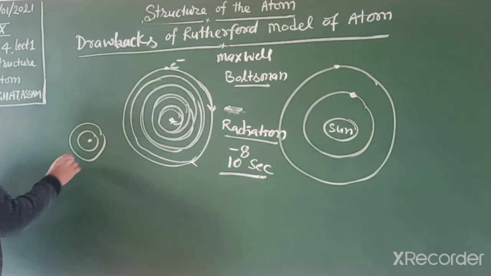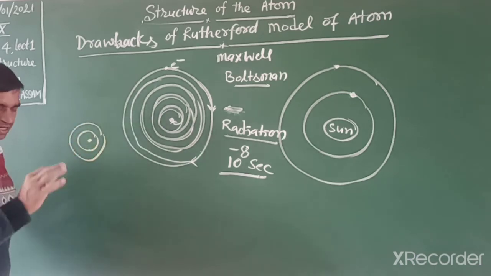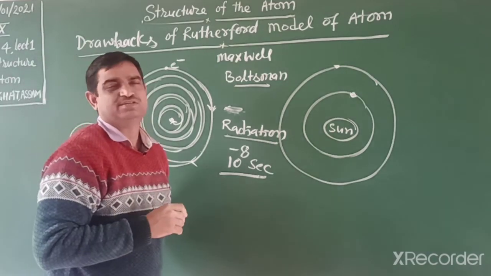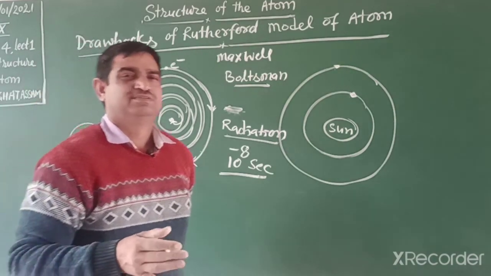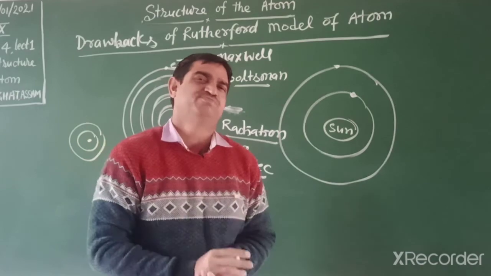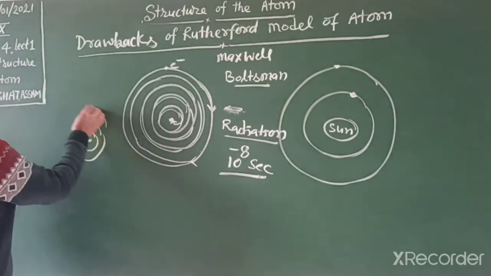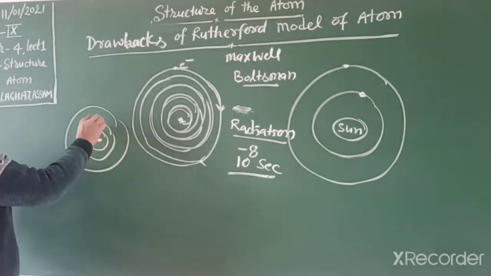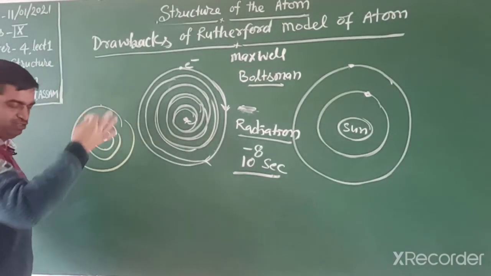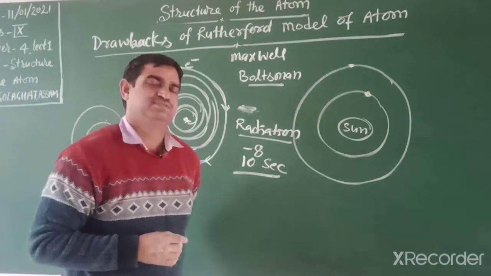He could not identify how many electrons rotate and revolve. The third limitation: he could not find out the energy of that electron. When an electron remains on the first orbit, or second and third, which one has more energy or less energy?